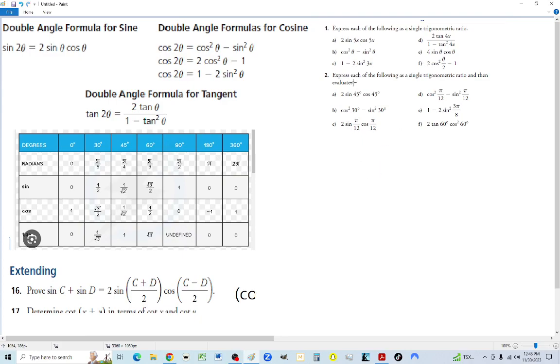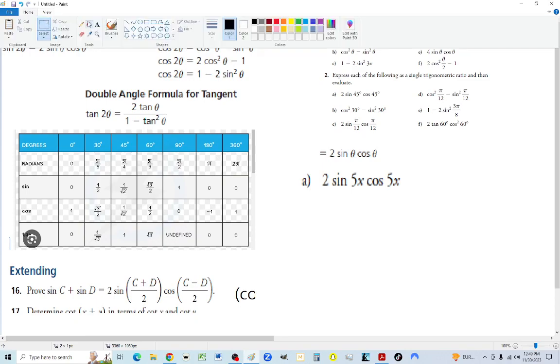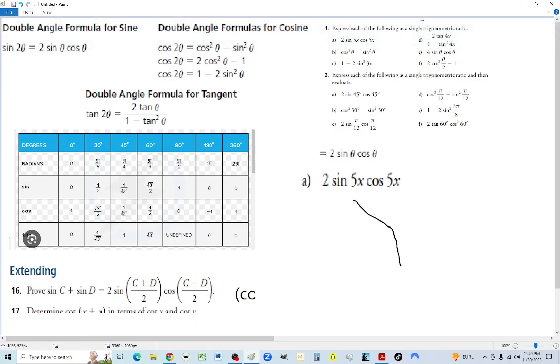So we get 2 times sine 5x plus cos 5x. Now, what's interesting about this is you have to think about what this looks like over here. Well, it looks like this, doesn't it? And then you'll notice, oh, okay, 5x is in here, and 5x is in here. So isn't 2 times 5x 10x?